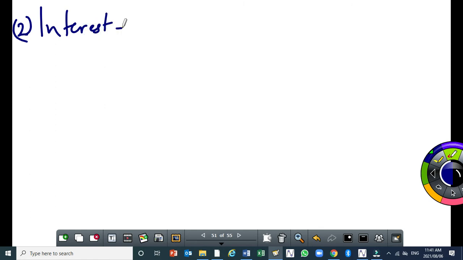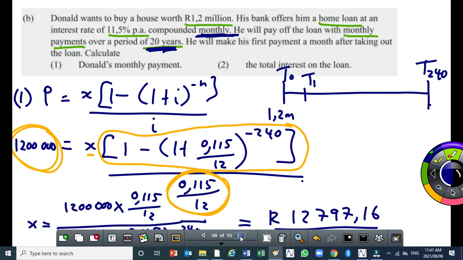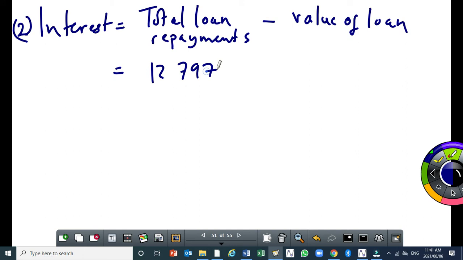Interest is equal to total loan repayments minus value of loan. Right? So this will be equal to 12,797.16. This is common sense, by the way. We multiply this by the total number of months, which is 240. Then we subtract 1,200,000.